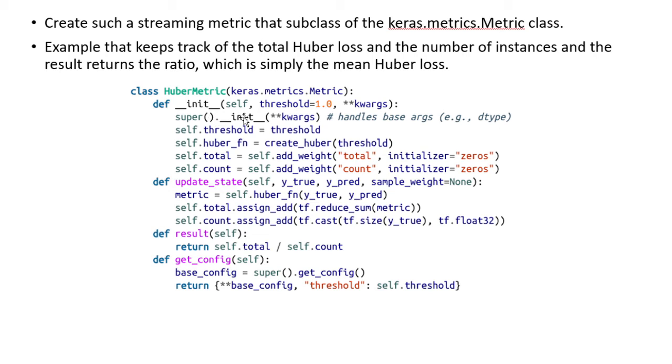This init method has self by default, because we are going to create the variables with respect to that particular method. Then there are 2 arguments. One is threshold, which is set to 1.0. If threshold is not passed in the input, we will set it as 1.0. And next is the keyword arguments, which is nothing but a dictionary.